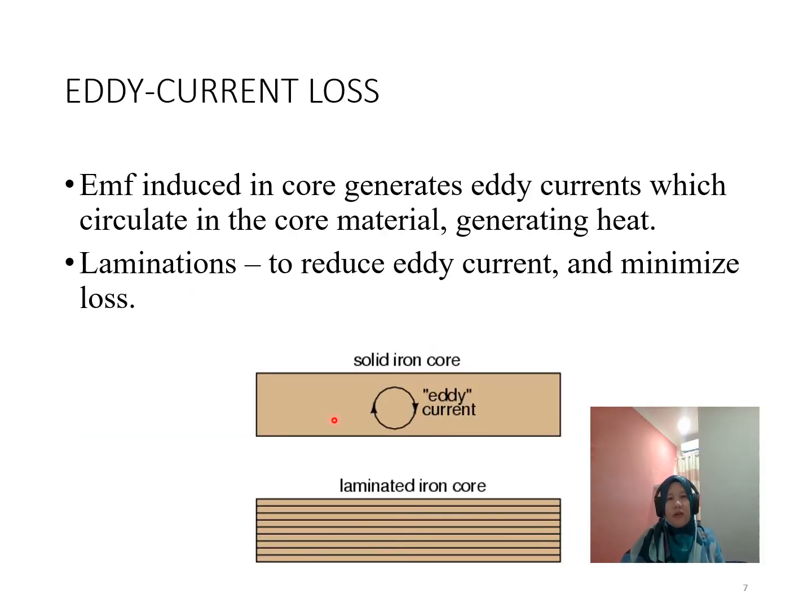For eddy current loss, the EMF induced in the core will generate eddy currents which circulate in the core material, and this will generate heat. Usually laminations or a laminated iron core can reduce the eddy current and minimize the power loss. So the transformer is usually constructed with a laminated iron core.